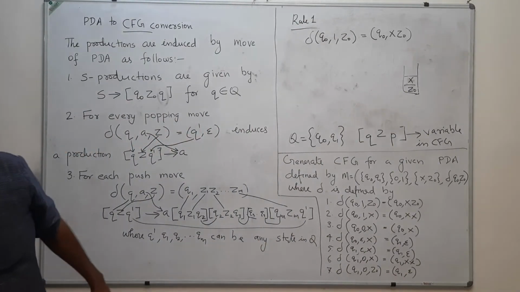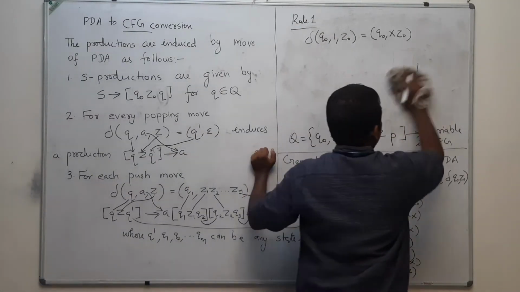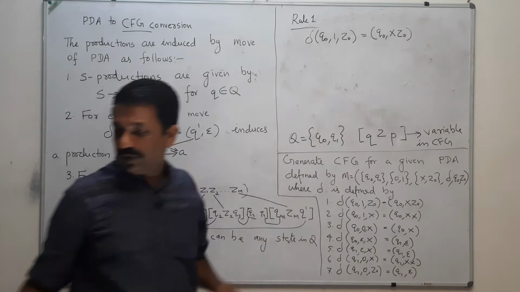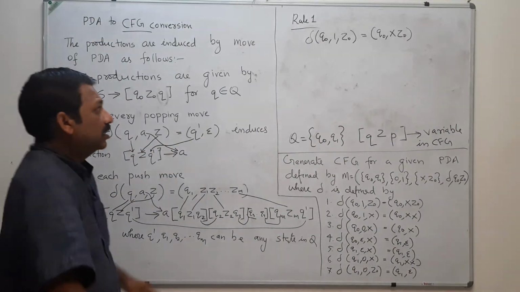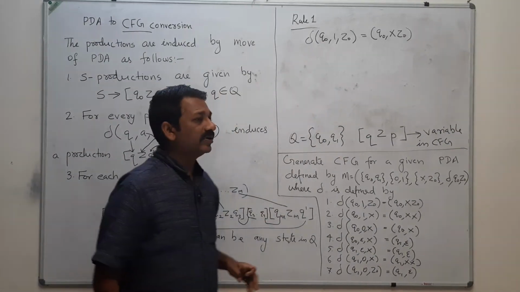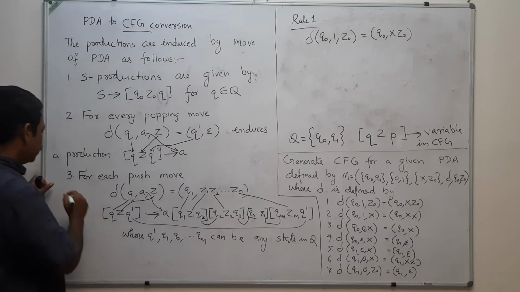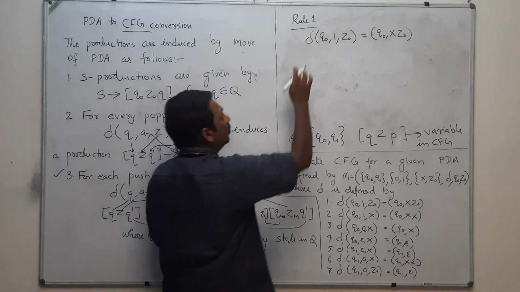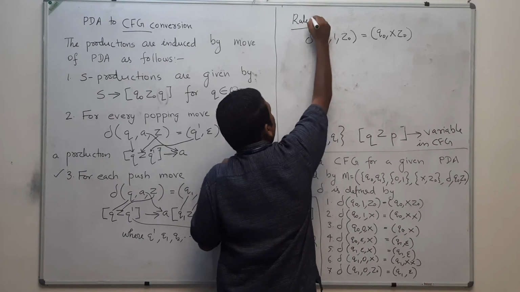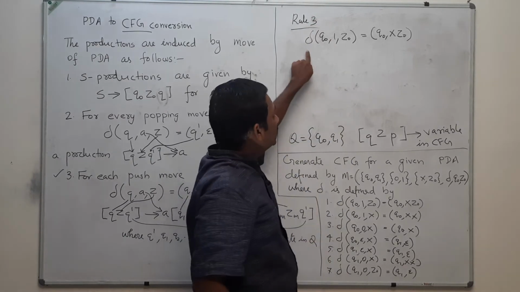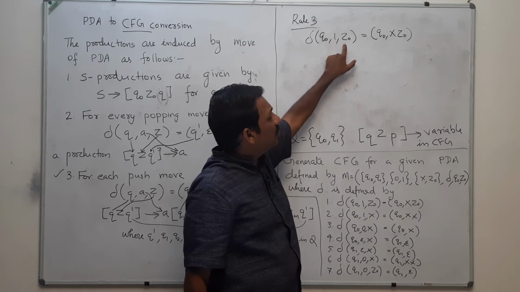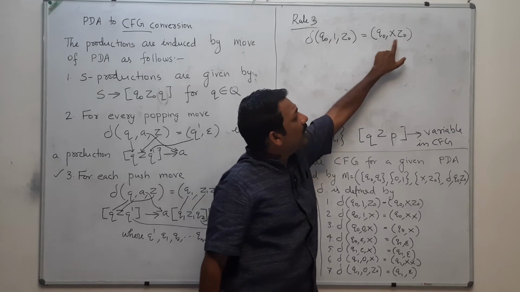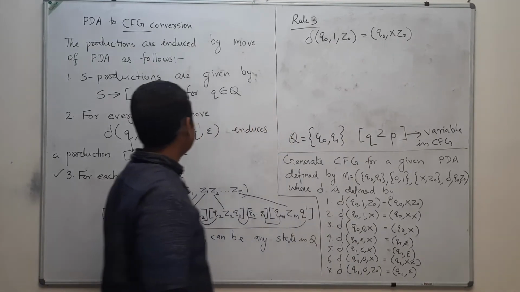Okay. Now here you have to ask, this is a pushing. Here we are pushing elements onto the stack. So you have to use rule number 3. Here delta of Q0, 1, Z0 is equal to Q0, x Z0. Okay.